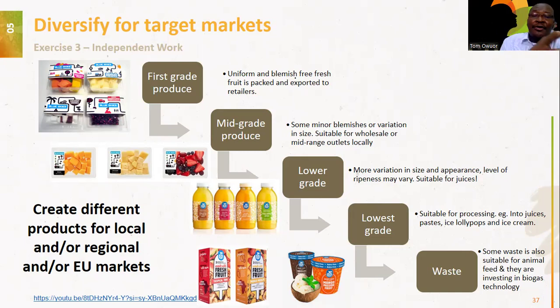So ignore the previous slide, but focus on this. Let me repeat: for the various products that we do, where does the first grade go? Where does the mid grade go? Where does the lower grade go? The lowest grade and the waste, how do we treat the waste?